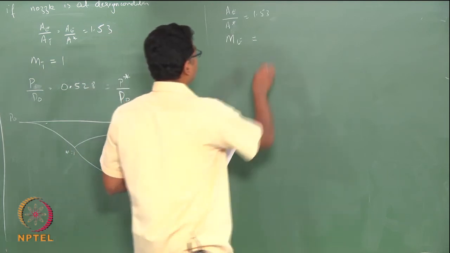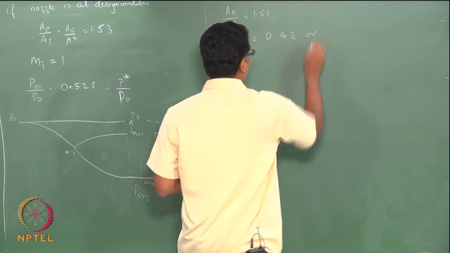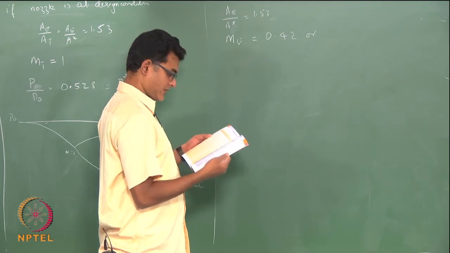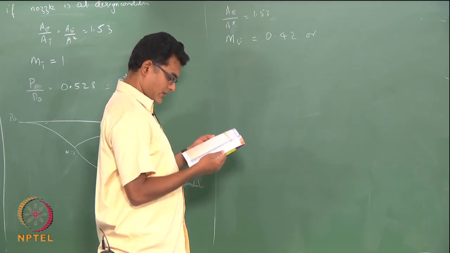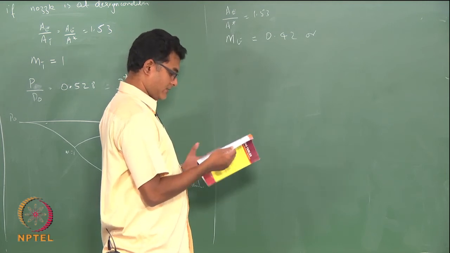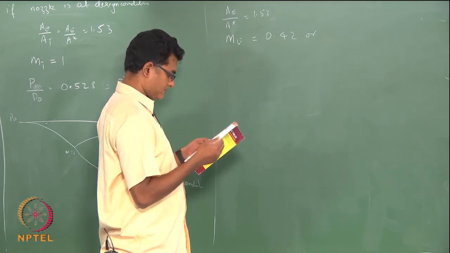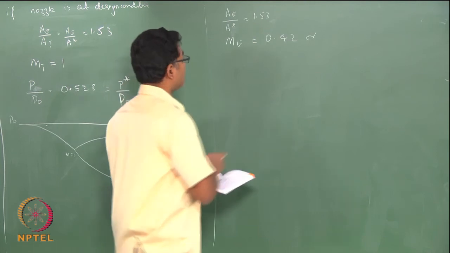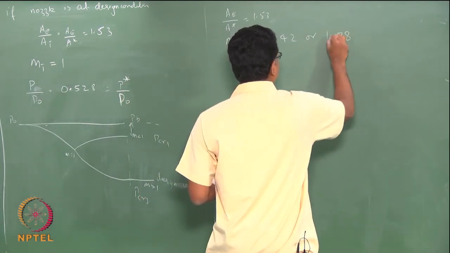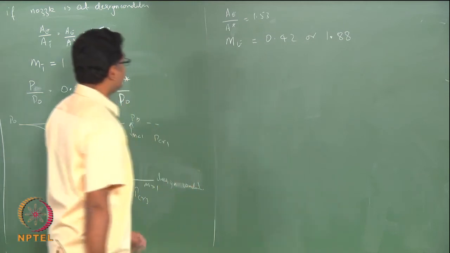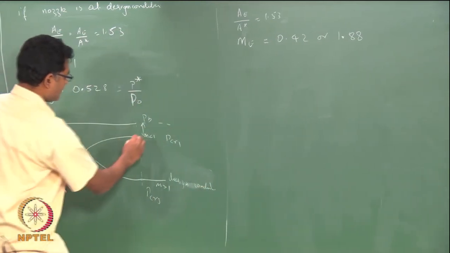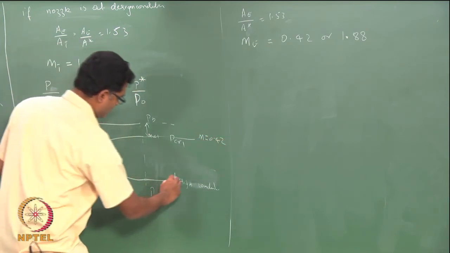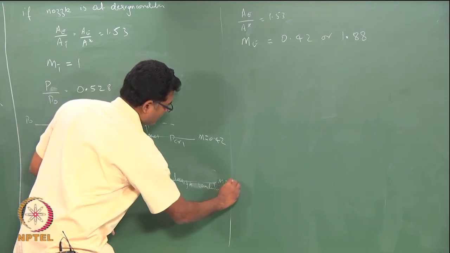I look at this table for 1.53, and I get M equals 0.42 or M equals 1.88, which means these are isentropic solutions.